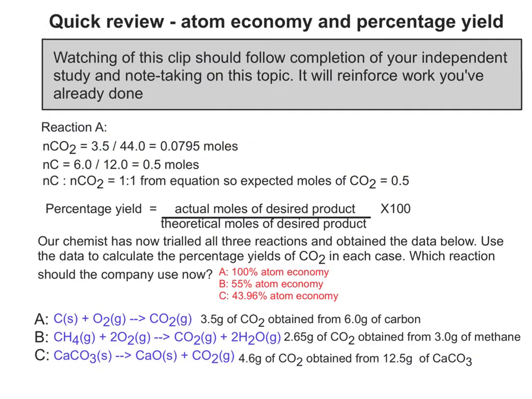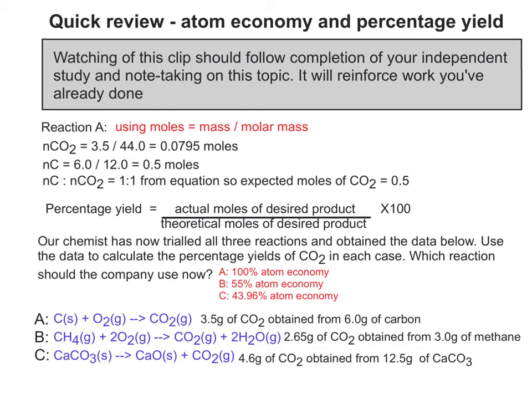So the first thing to do is convert the data into moles, so you can insert the relevant moles into the equation for percentage yield. The number of moles of carbon dioxide is 0.0795, using moles equals mass over MR, or mass over molar mass.